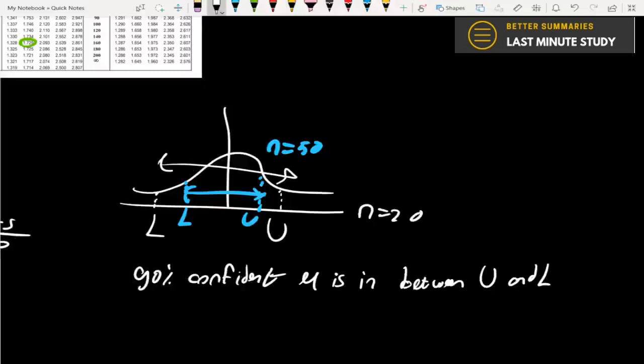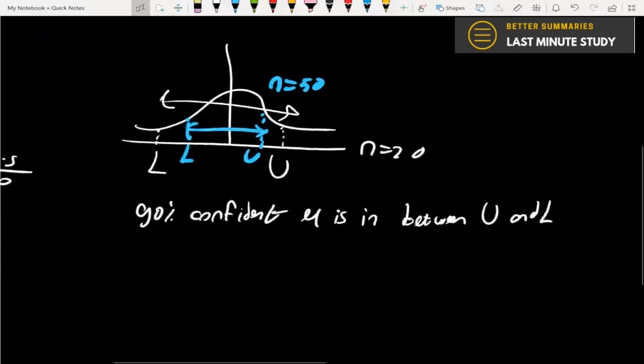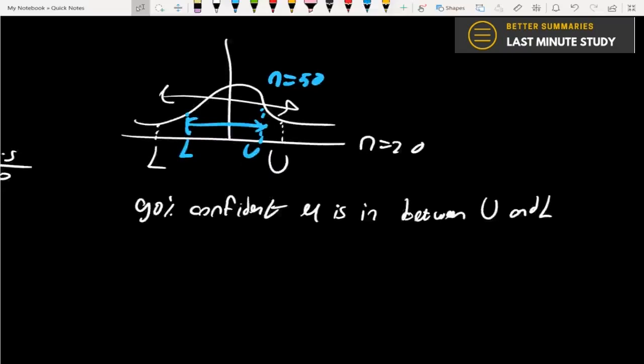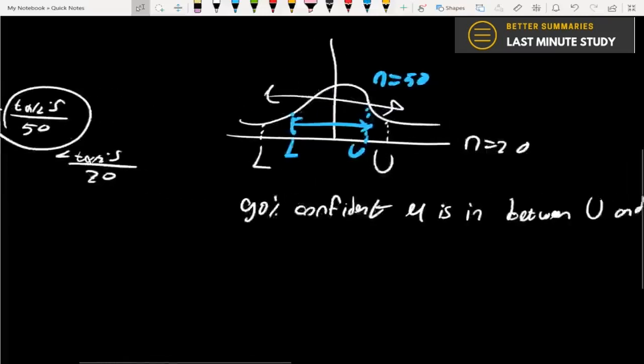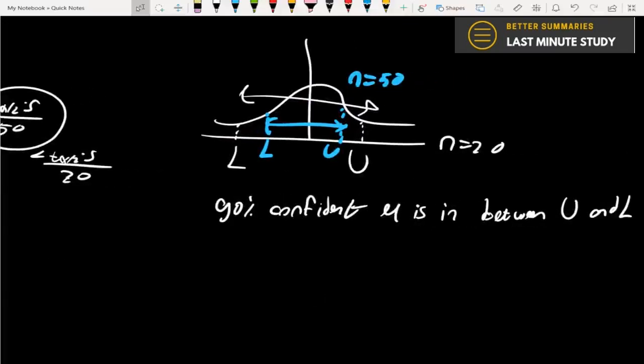So I've got more information than I used to have, and I can say with more confidence that my mu is an element of some interval. Since I've got a larger sample, I've got more information, so I'm more confident with stating that mu is in between L and U. That's the reasoning behind it for part B. So it's decreasing as n increases. That's it.